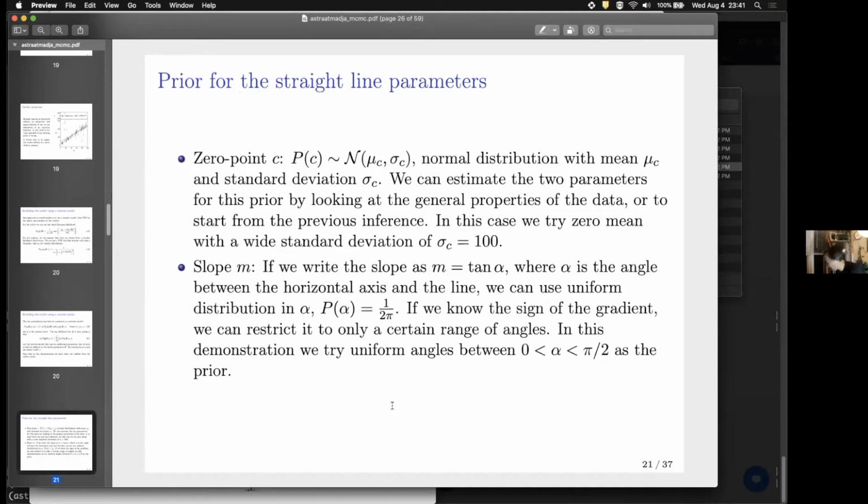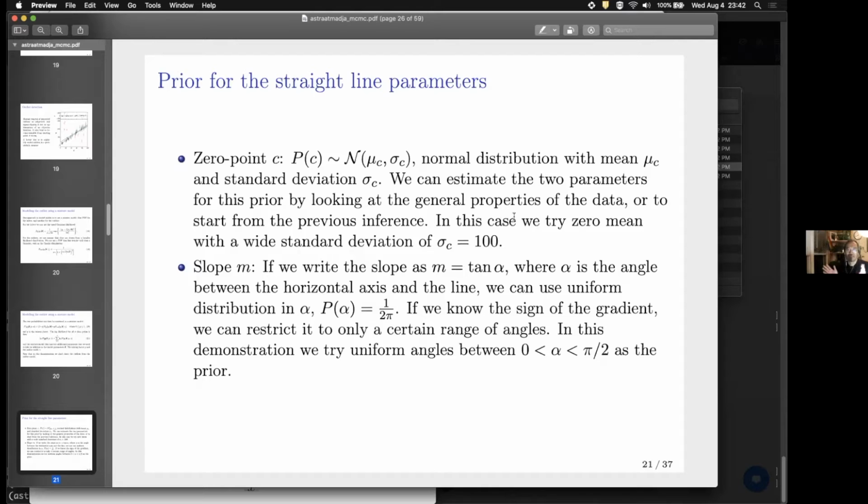Right. So now, what is the appropriate prior for the straight line parameters? If we normalize the data and center it so that the zero point is close to 0, then we can probably assume a standard Gaussian, or a very wide Gaussian.